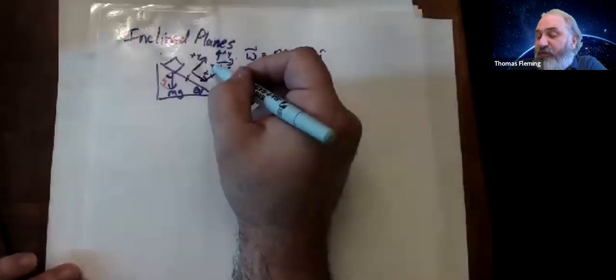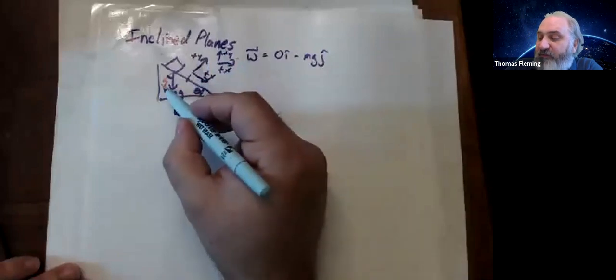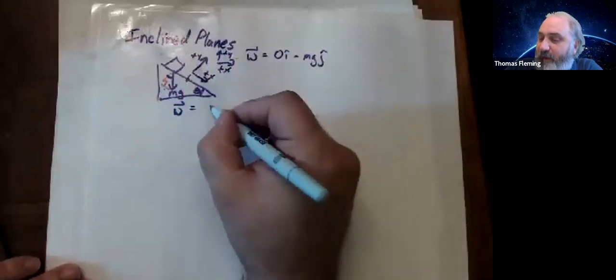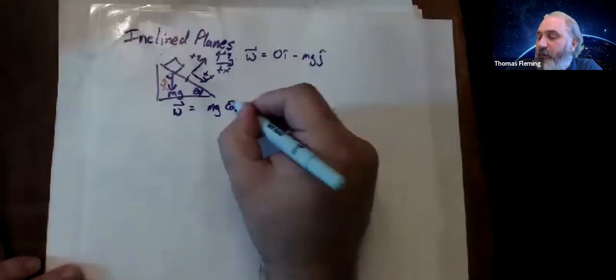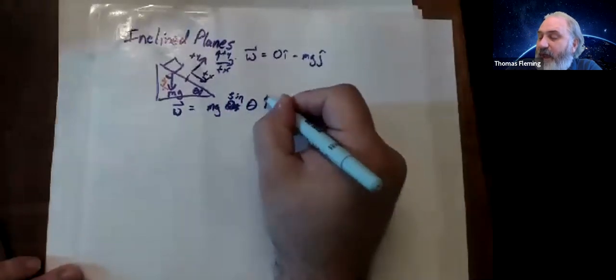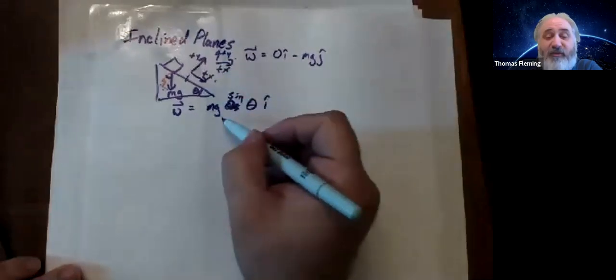So for this coordinate system, the weight would be, for the x component, that's the opposite side. So that'd be mg sine of whatever theta is, i hat, and it's down the ramp, which I said down the ramp is positive, so I'm going to leave that as positive.